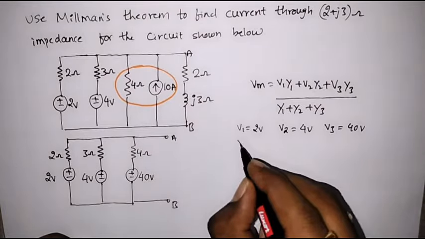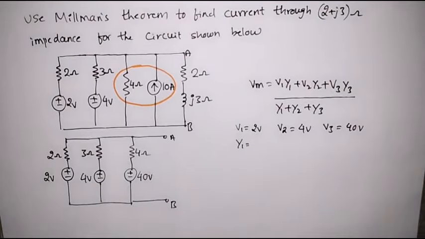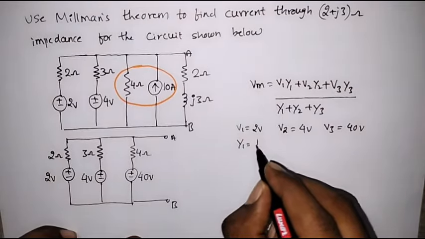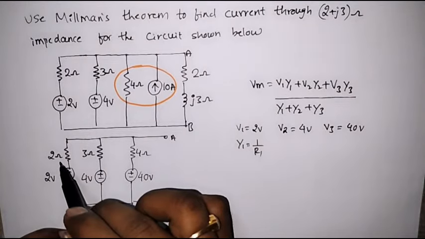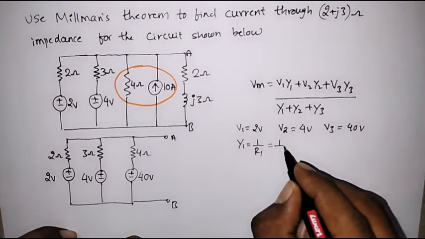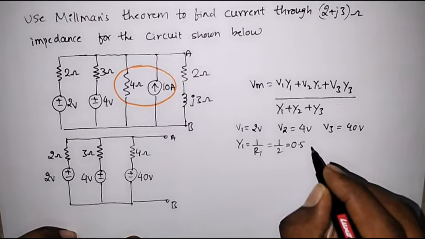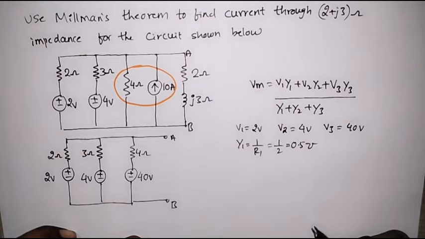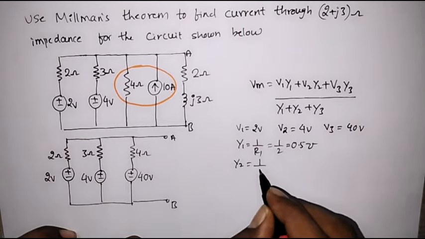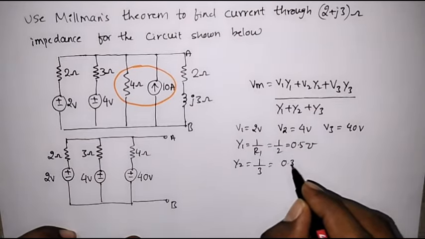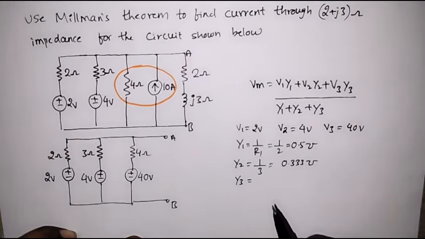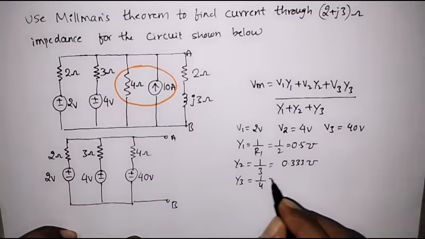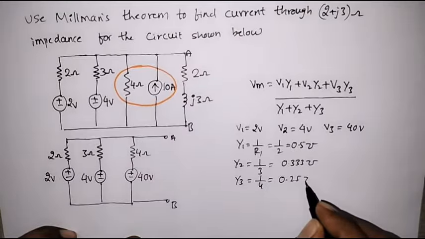Similarly Y1 is nothing but 1 upon R1, the reciprocal of the resistance connected to the first branch, that is 1 by 2, which is 0.5 mho. Similarly Y2 is equal to 1 by 3, which is 0.333 mho, and Y3 is equal to 1 upon 4, which is 0.25 mho.